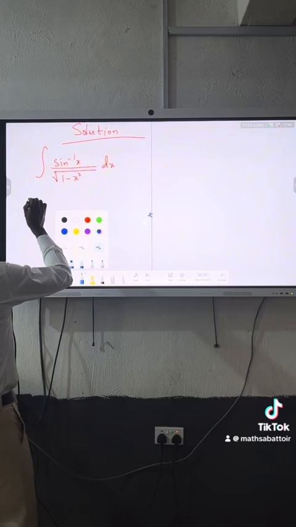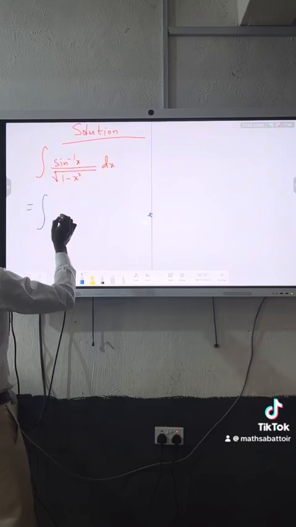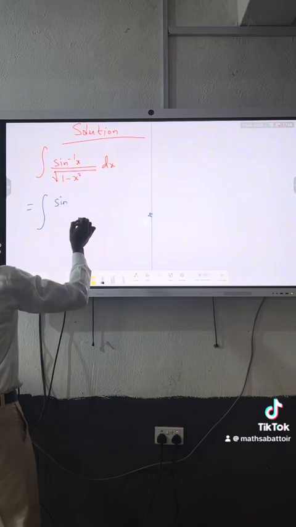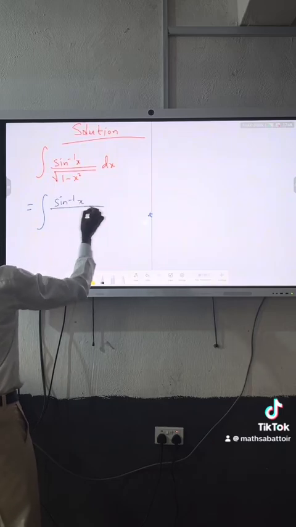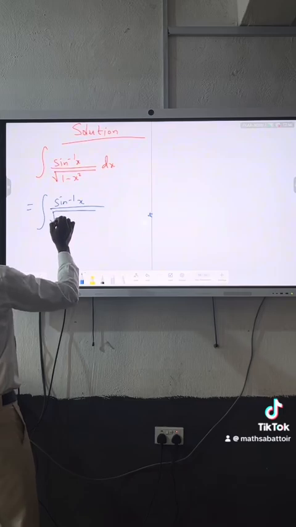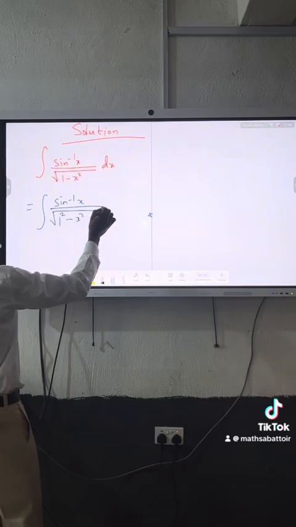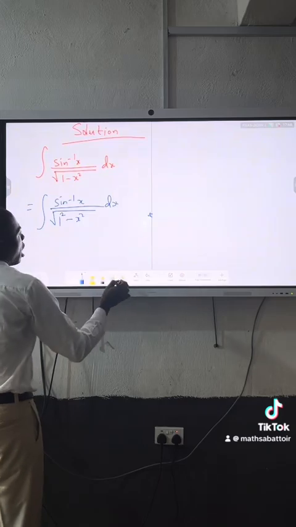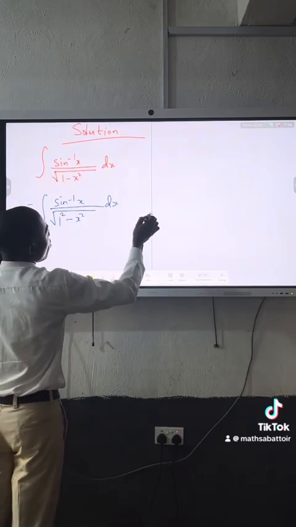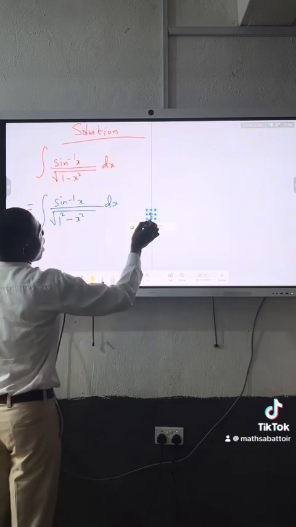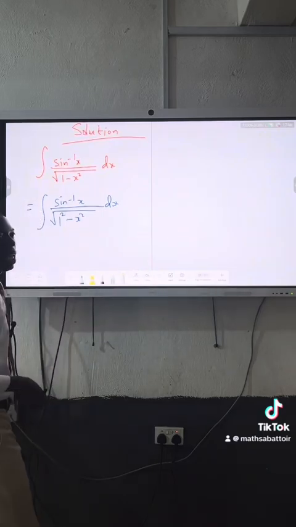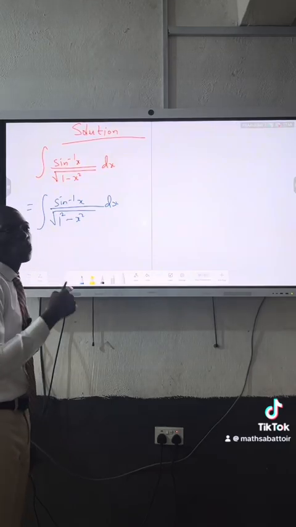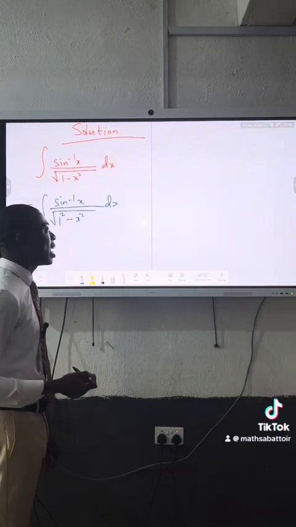I'm going to say that this is equal to the integral of sine inverse of x all over the square root of 1 squared minus x squared dx. I want to be sure that you can agree with me that what we have now looks like what I said: the square root of a squared minus x squared, where a is a constant.